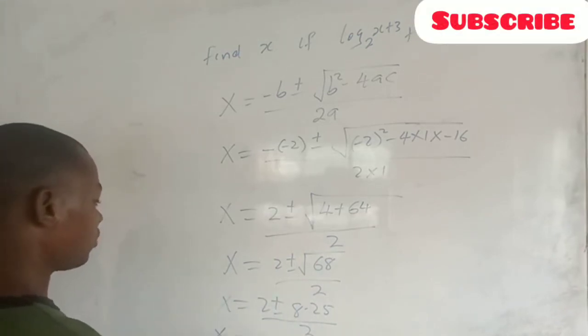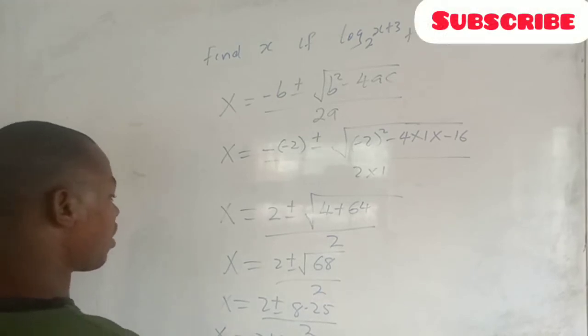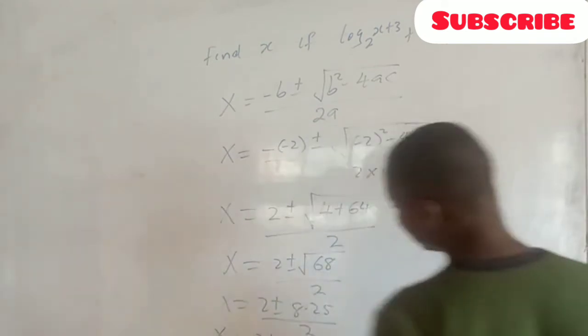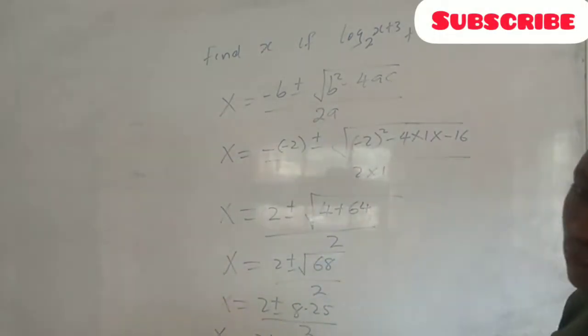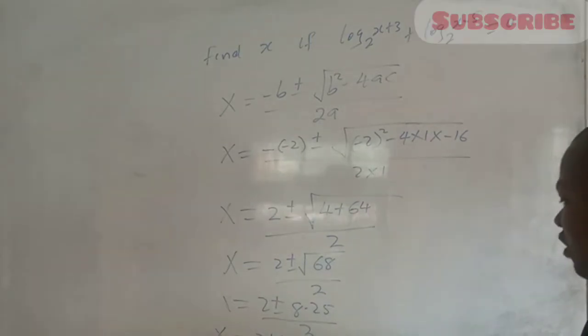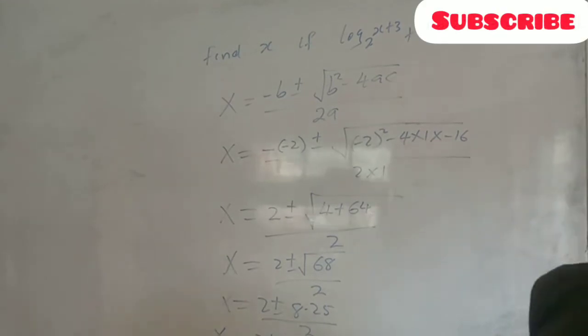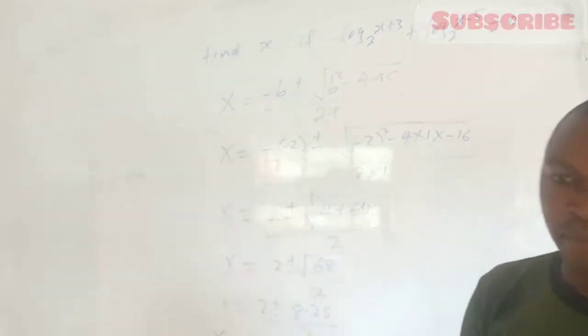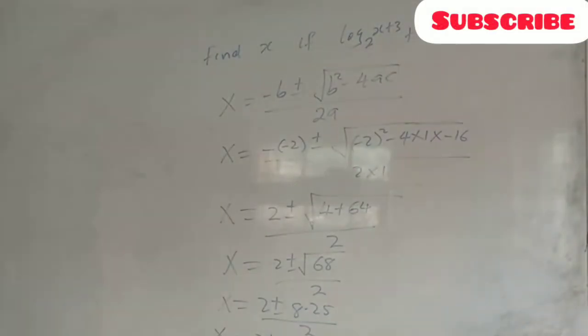s equals 2 plus 8.25 over 2, or 2 minus 8.25 over 2. We don't use 'and' in quadratic equation, we use 'or', but in simultaneous equations we can say 'and'.